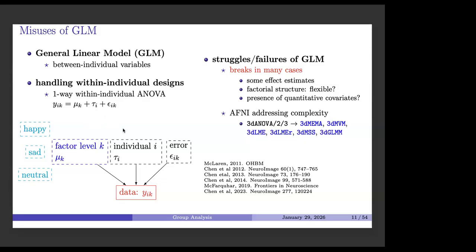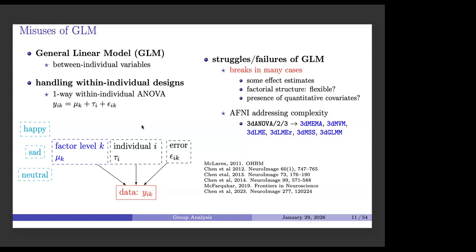The full model decomposes into three components, but for each particular task, we can only decompose into two components instead of three. Okay, I hope that provides a more intuitive explanation of why using the general linear model to handle within-individual variables is problematic when you look at some effects. So that's a simple scenario.